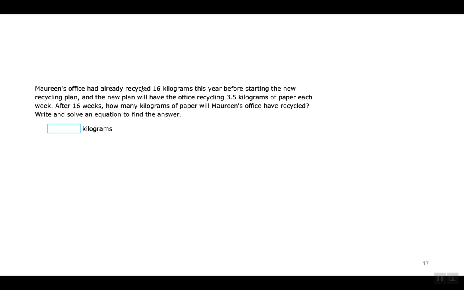Maureen's office has already recycled 16 kilograms this year before starting the new recycling plan. And the new plan will have the office recycling 3.5 kilograms of paper each week. Every week.